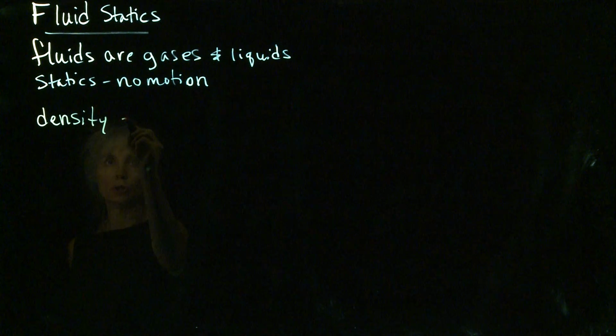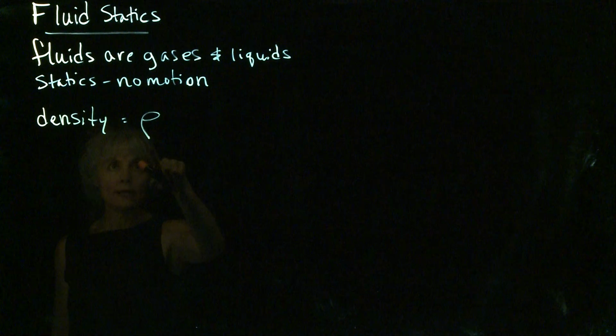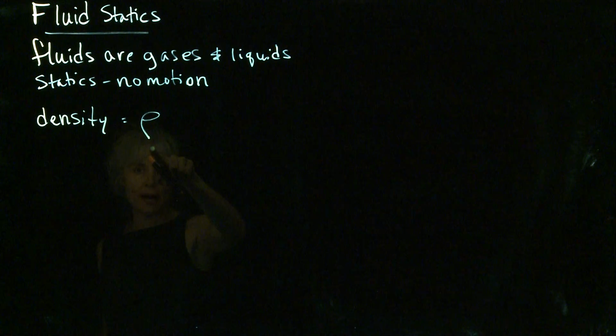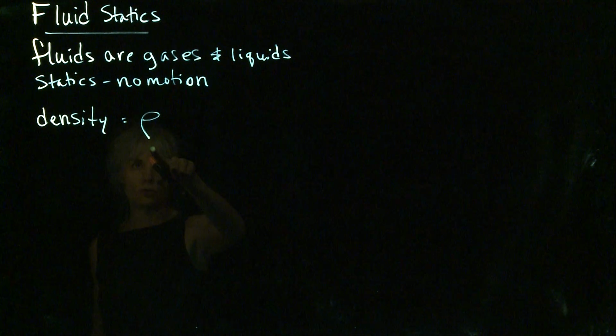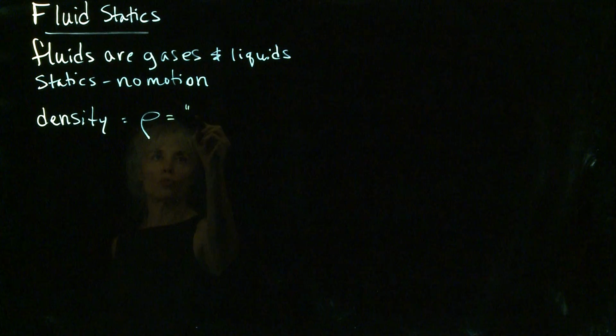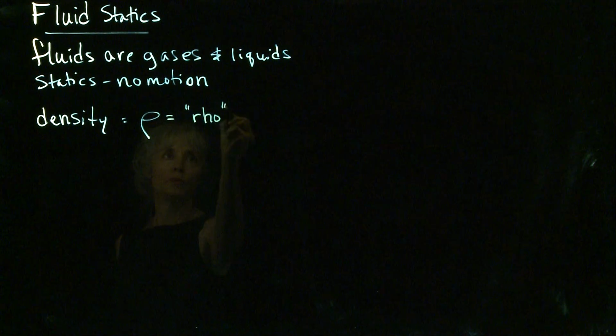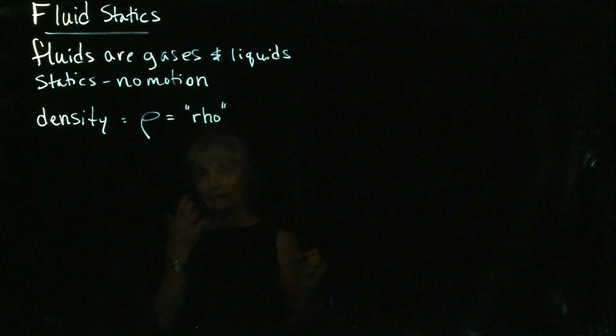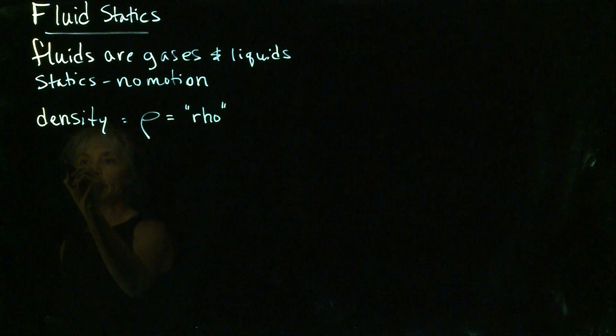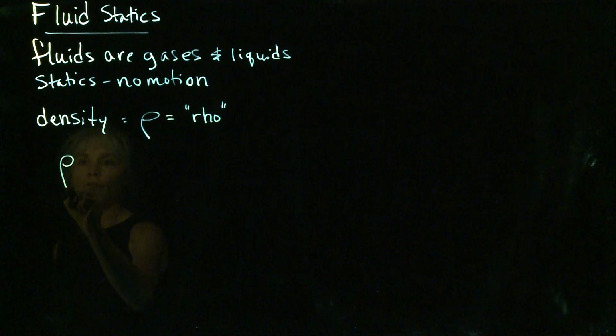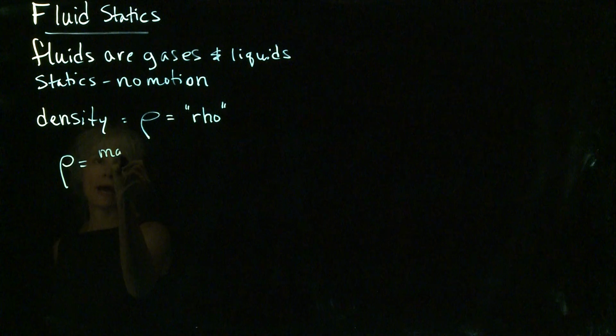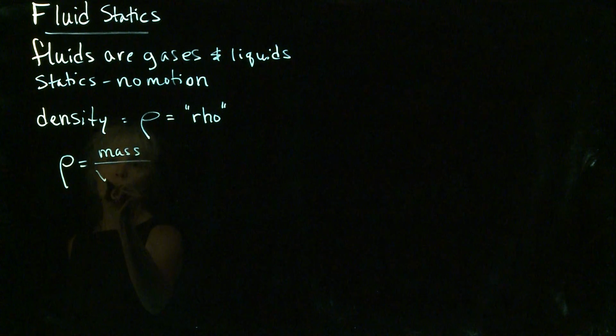Density gets the symbol rho. It's like a skewed P from the Greek alphabet. Rho is how you say this. So this is rho from the Greek alphabet. And what is density? Well, density is mass per unit volume.